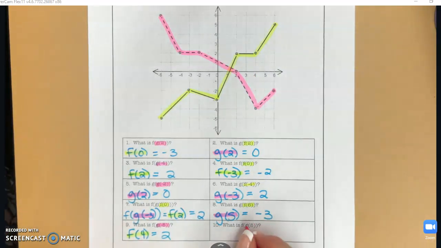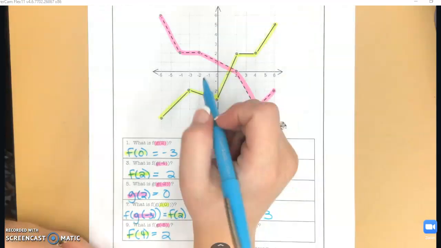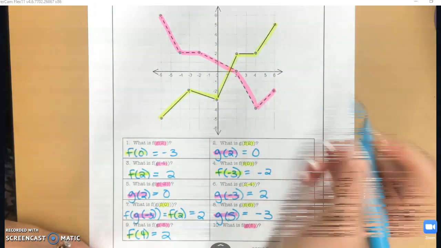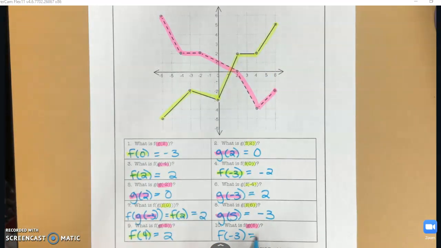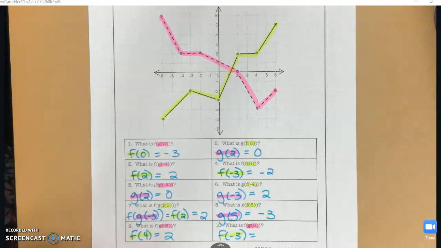Okay, last but not least, g of 5 is -3, so I want to find f of -3 on my yellow, and that's going to give me -2. So that is how we do composition using a graph.